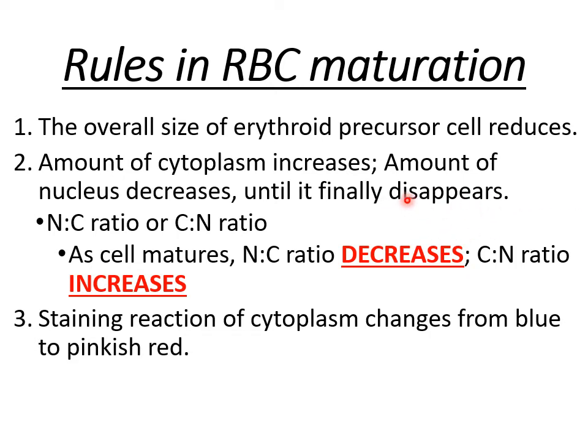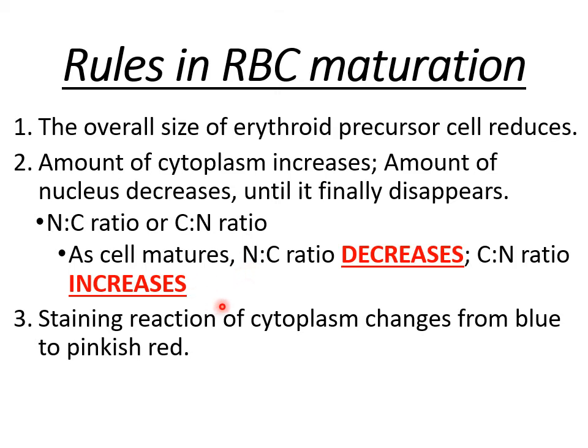Diba? Remember, yung ating mature RBC, wala siyang nucleus. And ang amount of cytoplasm and nucleus can be done by taking its ratio. Meron tayong tinatawag na NC ratio, or in other books, CN ratio. C means the cytoplasm, N is the nucleus.